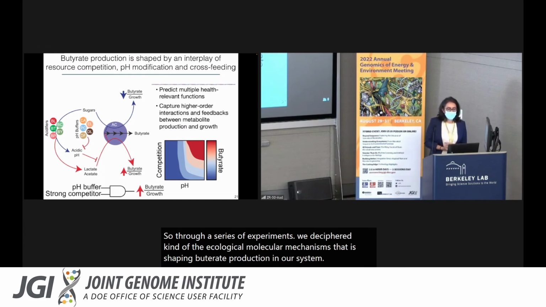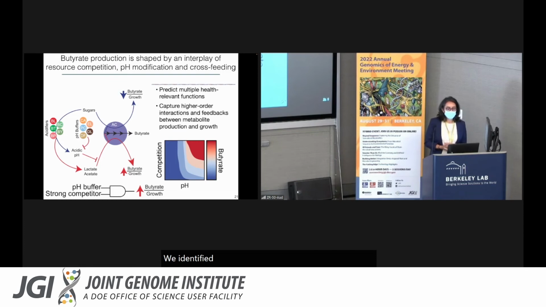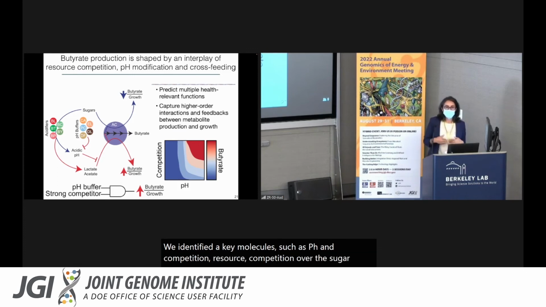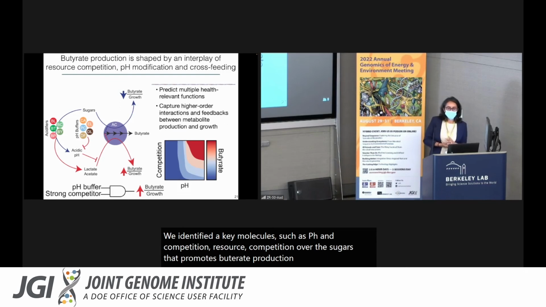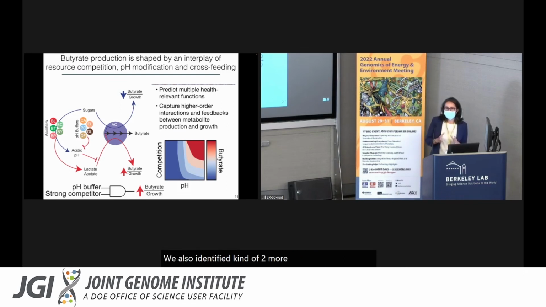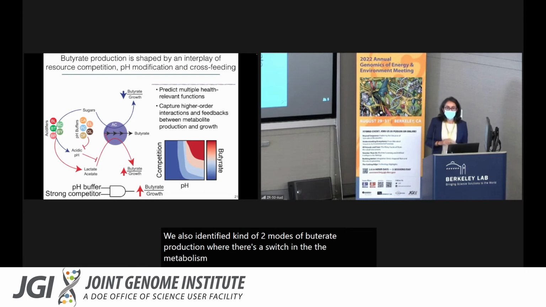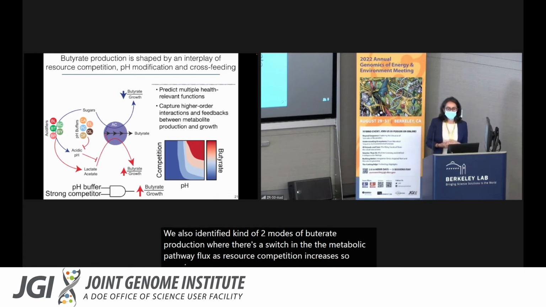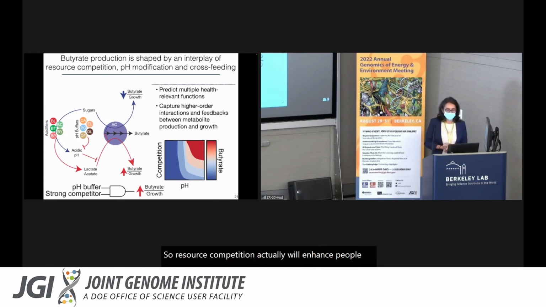We identified key factors such as pH and resource competition over the sugars that promote butyrate production. And we also identified 2 modes of butyrate production, where there's a switch in the metabolic pathway flux as resource competition increases. So resource competition will enhance butyrate production.